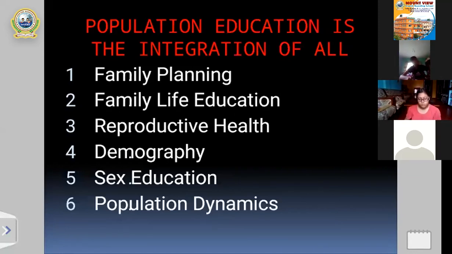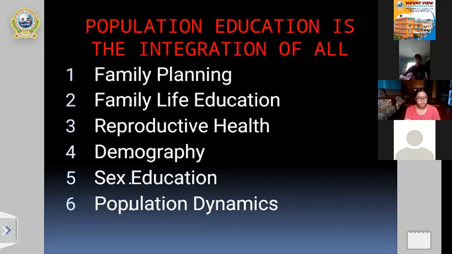My dear students, we all know that family planning is very essential in human life, and family planning helps to manage the population. Family planning helps to minimize the population growth rate, as well as the birth rate, so every couple or every family member should gain the knowledge of family planning.